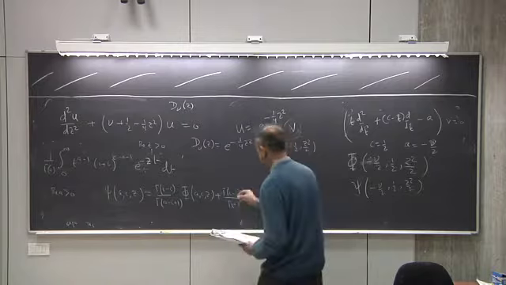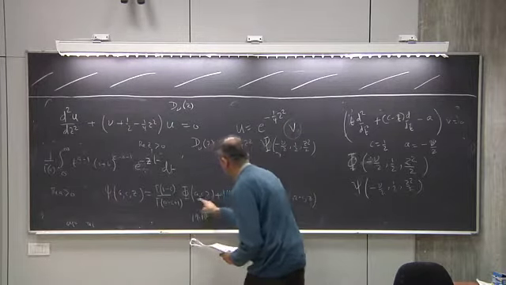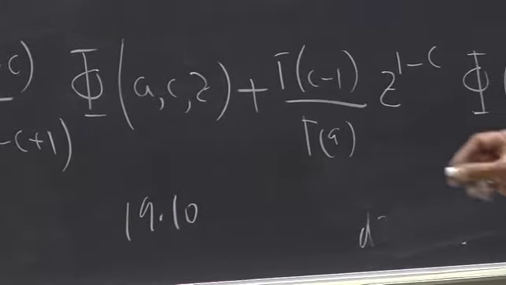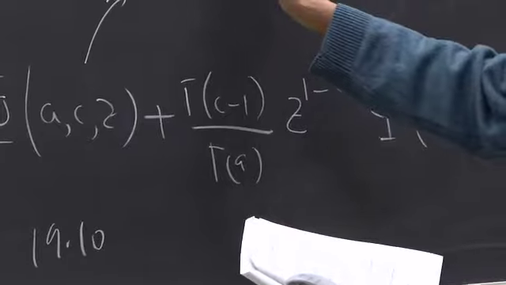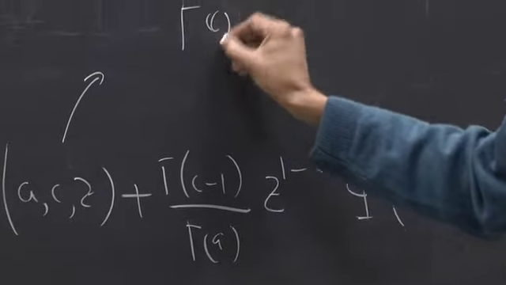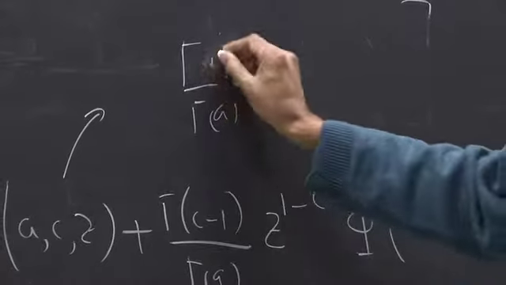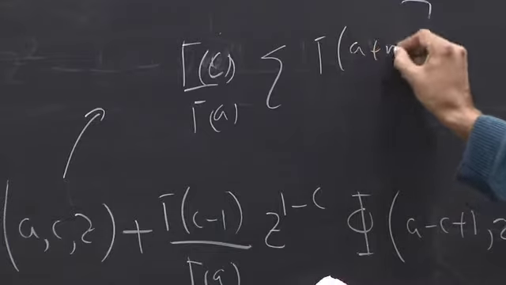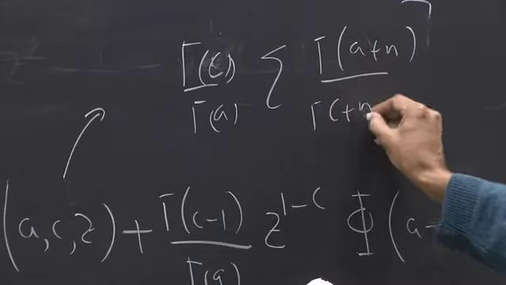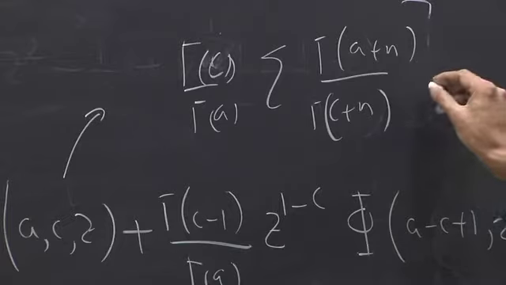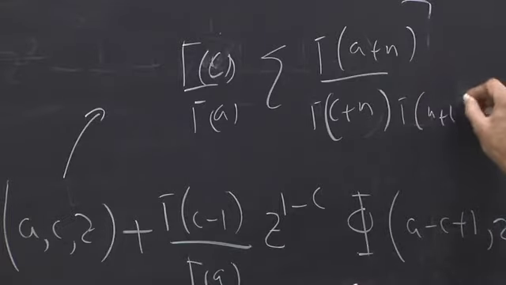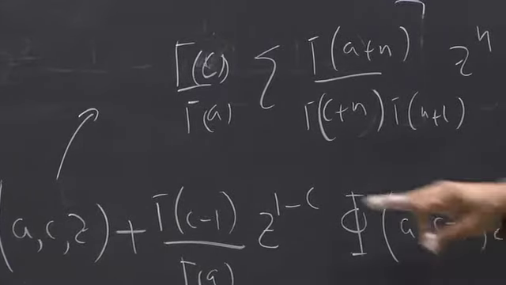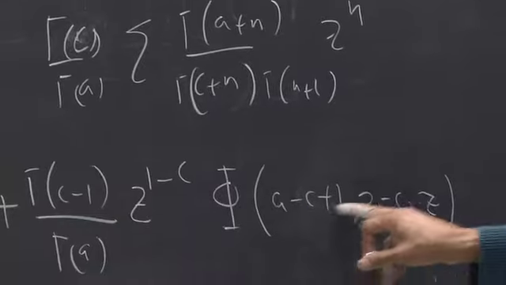So in 19.10 we have series solutions for phi. Phi(a, c, z) was the sum of gamma(c) over gamma(a), summed over gamma(a plus n) over gamma(c plus n) times gamma(n plus 1), times z to the n. So it's the same expression, just replace a and c by these quantities.